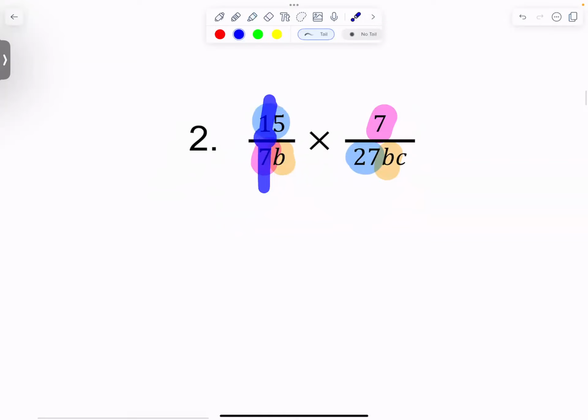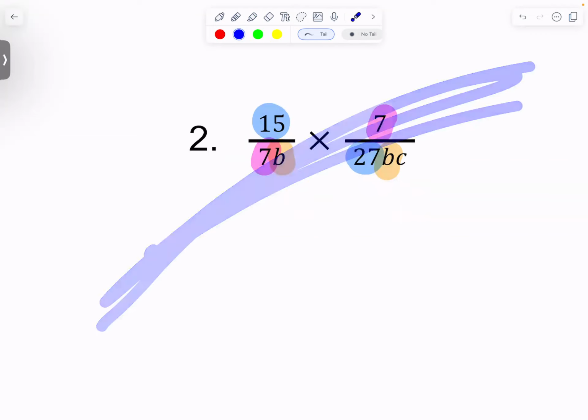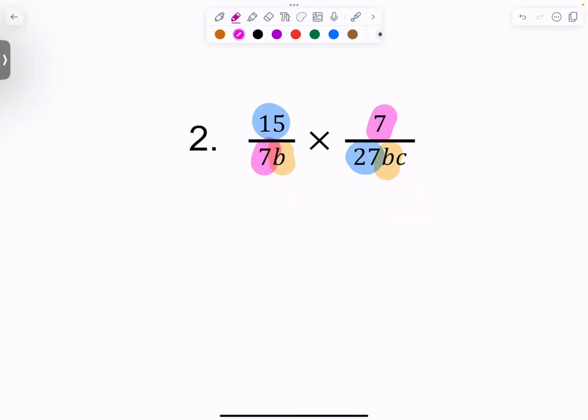Since they both can't be done, the up and down here also can't be done. So we do the cross or diagonals. Can 7 and 7 be simplified? How about here?